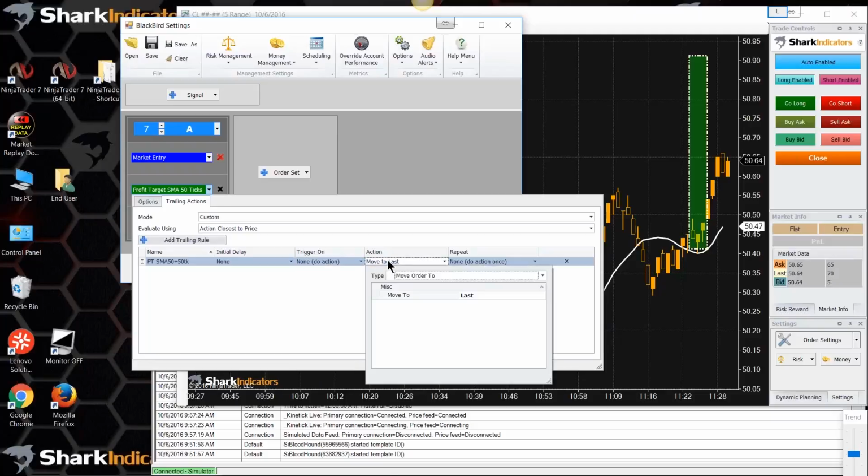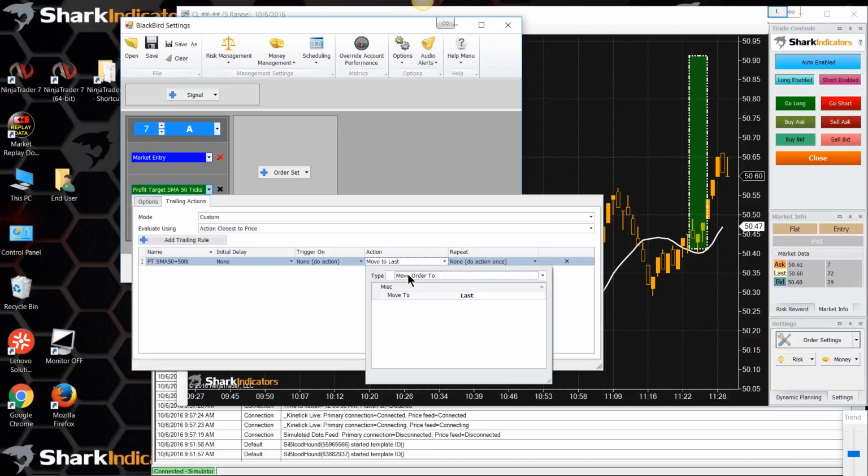So action is where you move the order. The action column is the action that you're taking. And so if you're moving an order, right, that is an action. Moving something is an action.